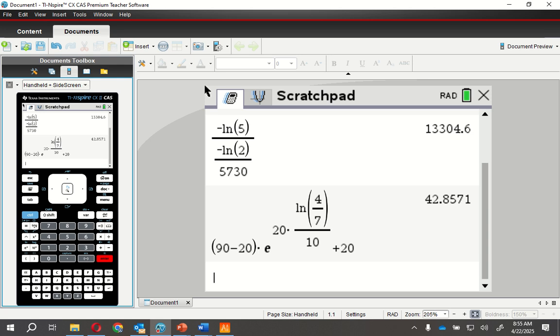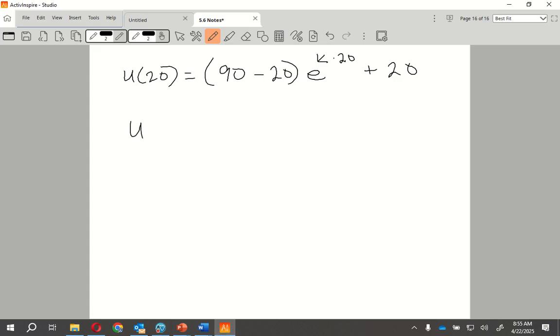So it's about 42.857 degrees Celsius. Yeah, this problem would really suck if it was on a non-calculator portion. I would note that right there.